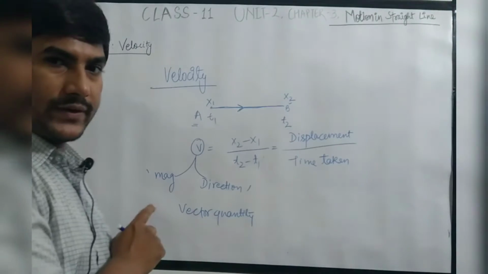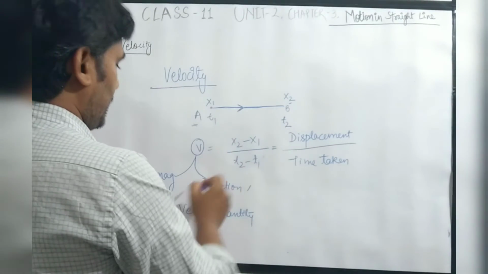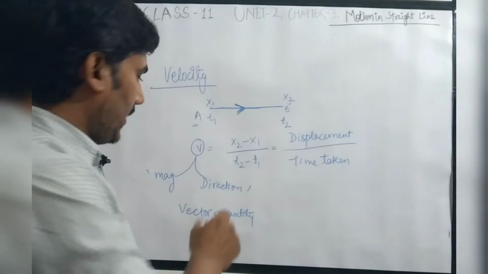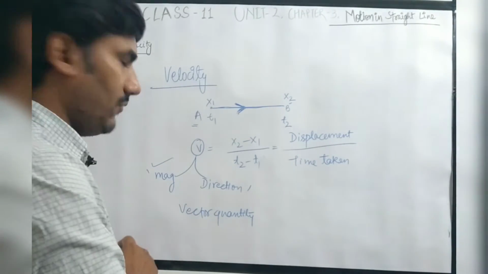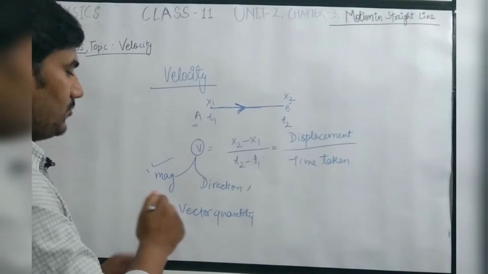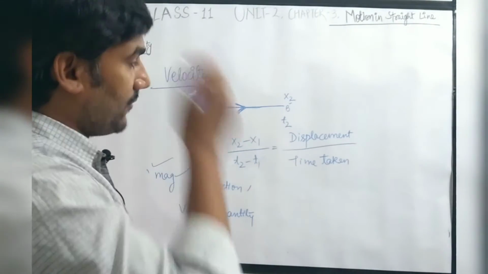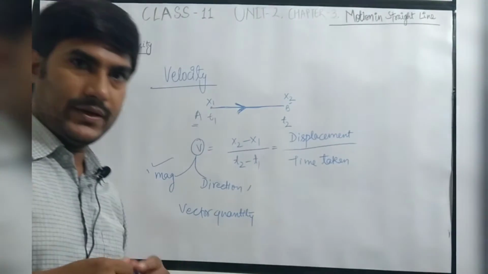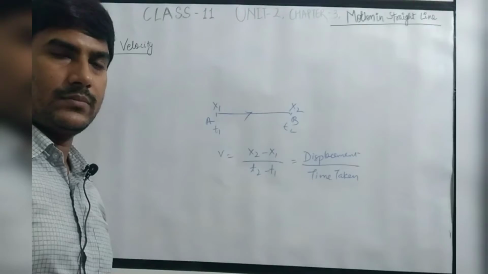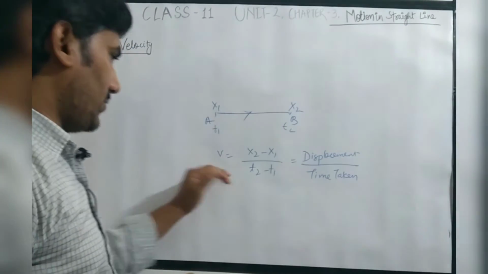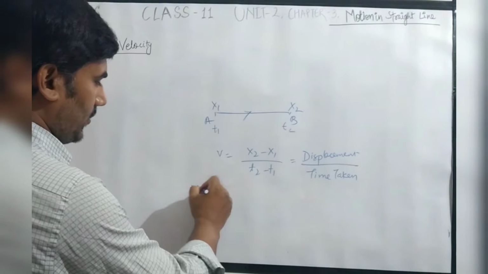Why is velocity a vector quantity? Because it has a definite predefined direction and its magnitude, while speed has only magnitude, so speed is a scalar quantity. So displacement upon time taken is velocity, and velocity is a vector quantity.